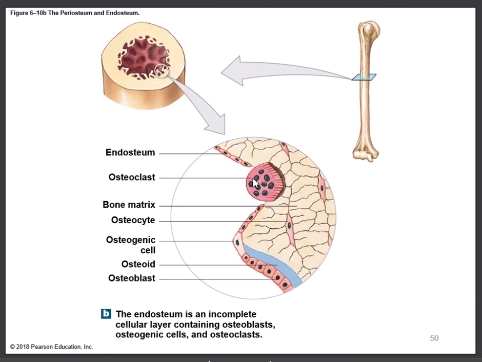Remember, this was the cell that breaks down bone when we need to have bone broken down. Here's an osteogenic cell, which is the stem cell that produces osteoblasts. Here they're actually showing some osteoblasts. And here's the osteoid, that uncalcified matrix. So it's not a continuous layer. That's why we say it's not continuous, because it has these other cells there also. All right, so that's the endosteum.